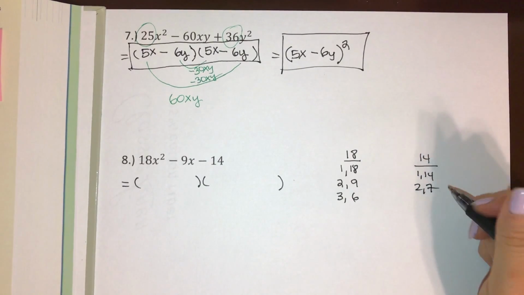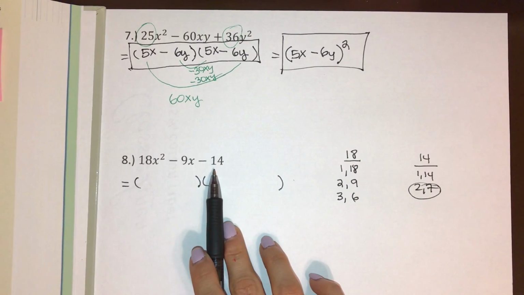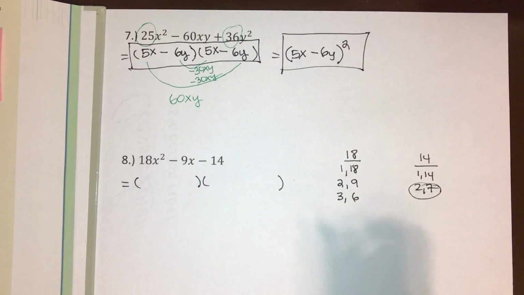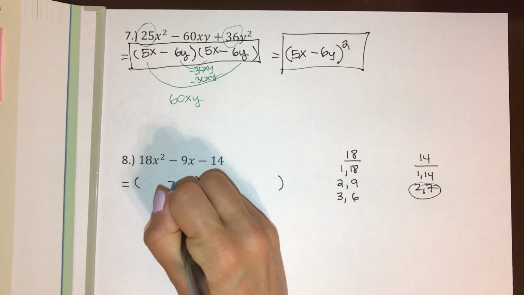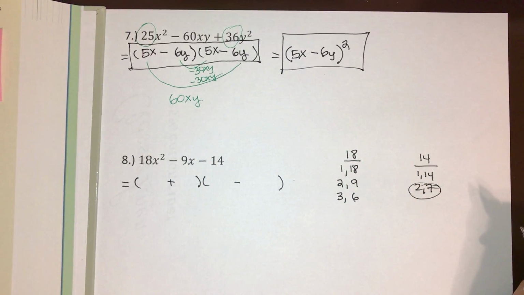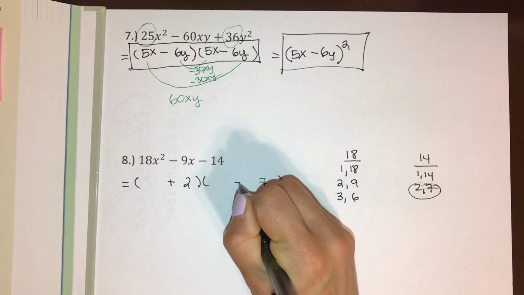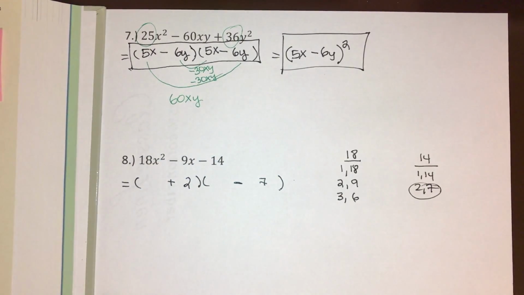So I'm going to start by using 2 and 7 to see if that works. And then also for 18, we need to figure out which one would work. Let's go back to the problem. Last number is negative, so the signs should be opposite. I said I'm going to try 2 and 7. So I'm just randomly going to put 2 here and 7 here. If we have to switch the signs, we could do it later.